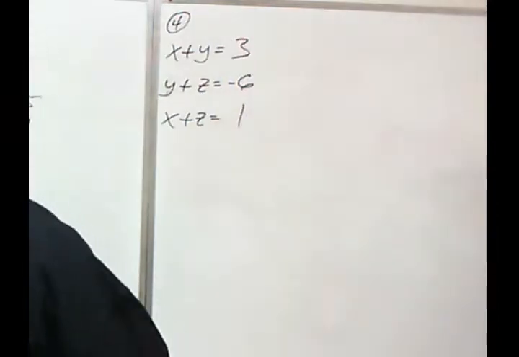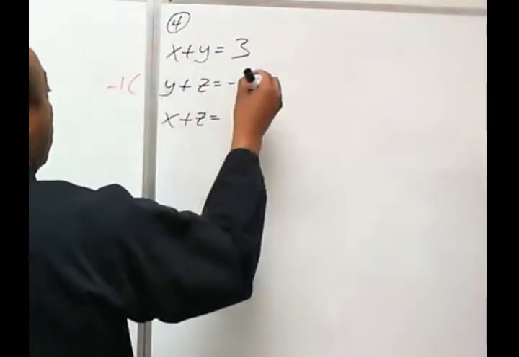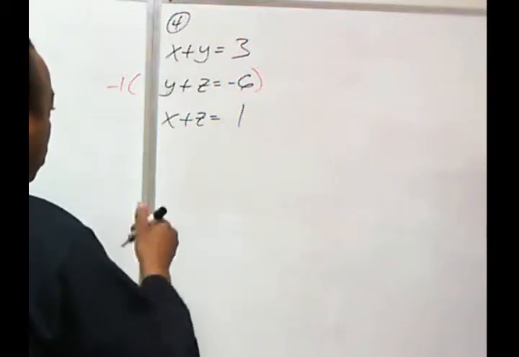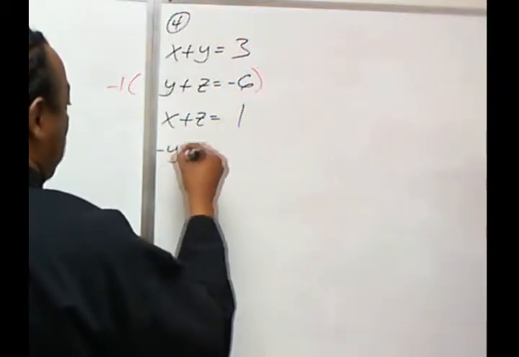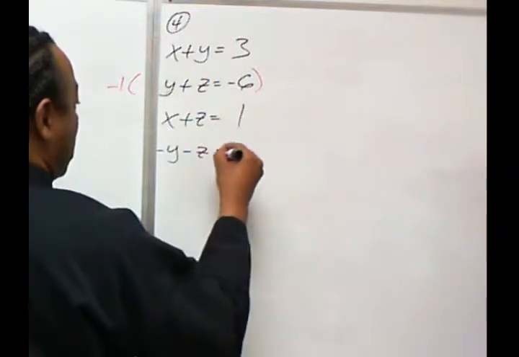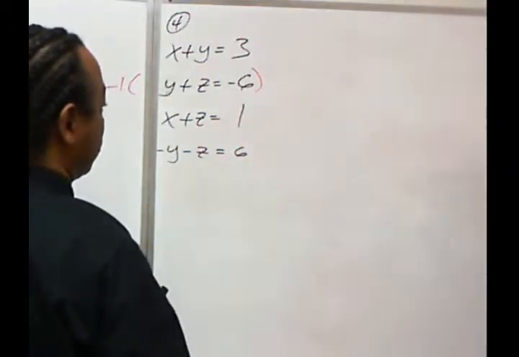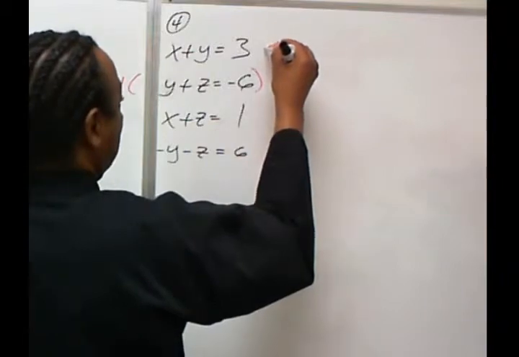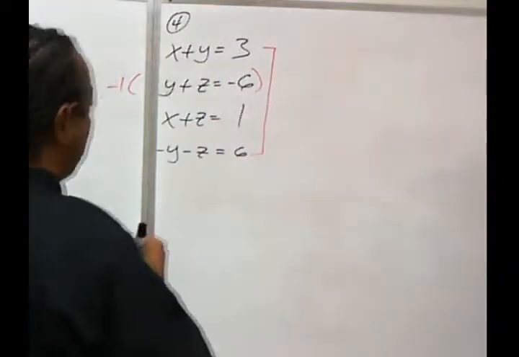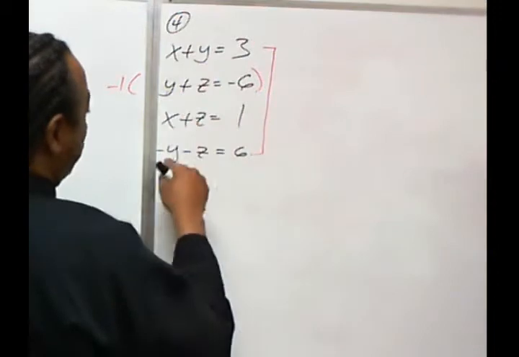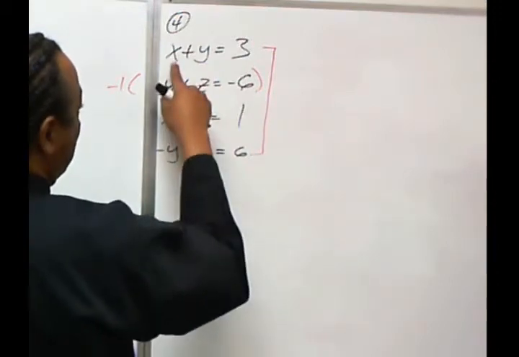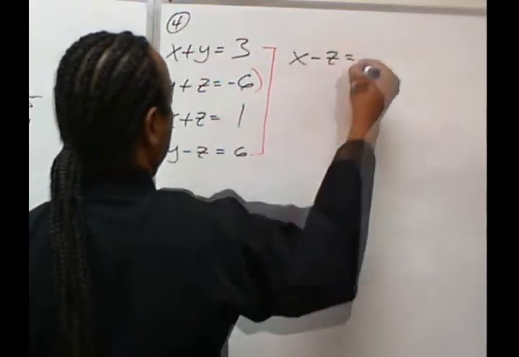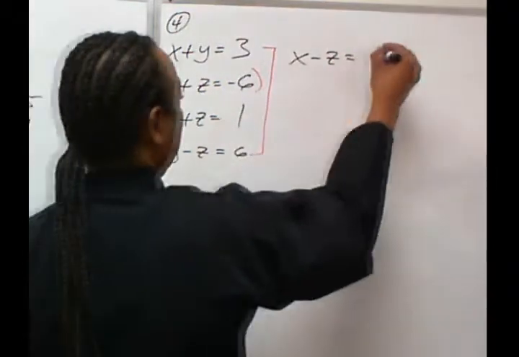So let's multiply this by a negative 1, which will give me a negative y, a negative z, and a positive 6. So that when I combine these, the y's will cancel, and we'll get x minus z. The 3 and the 6 become a 9.